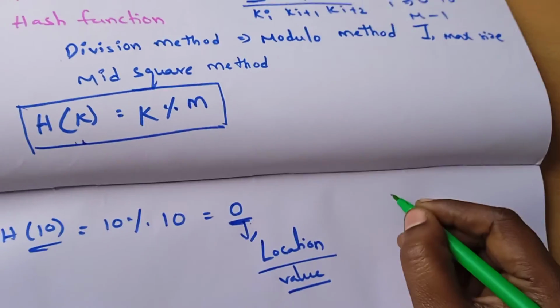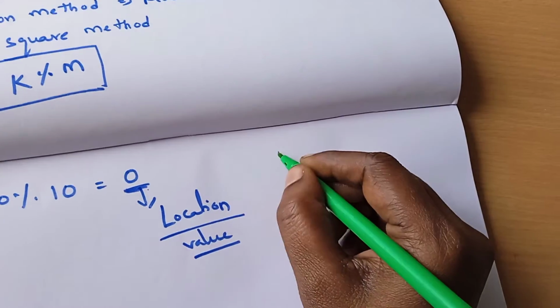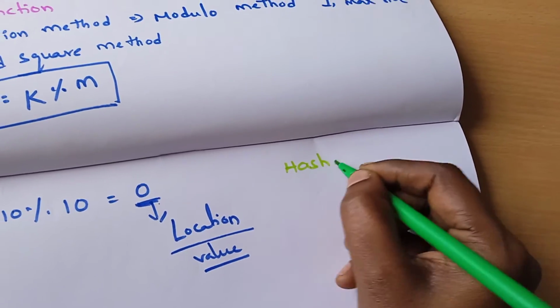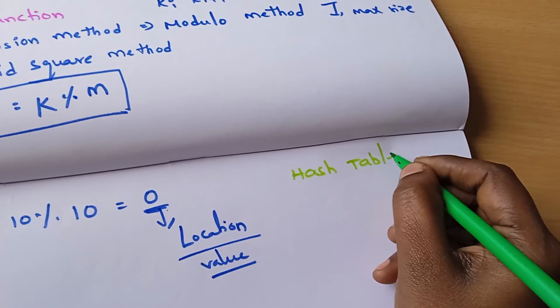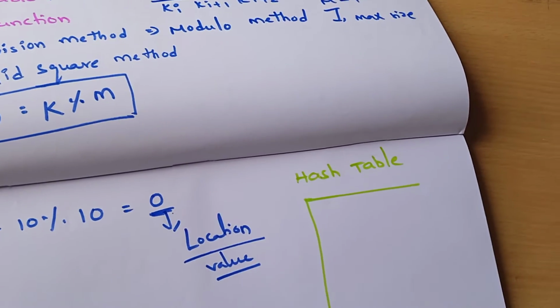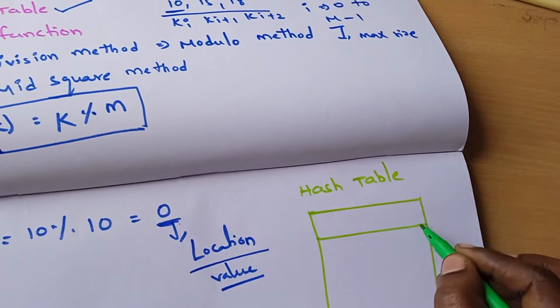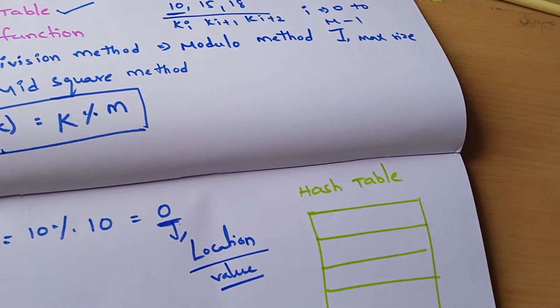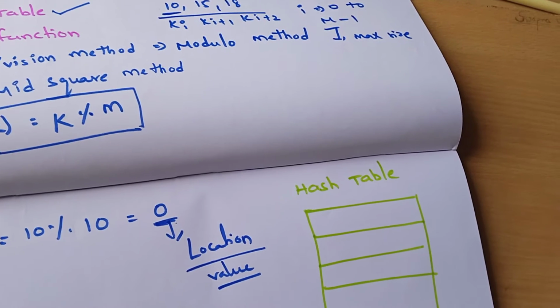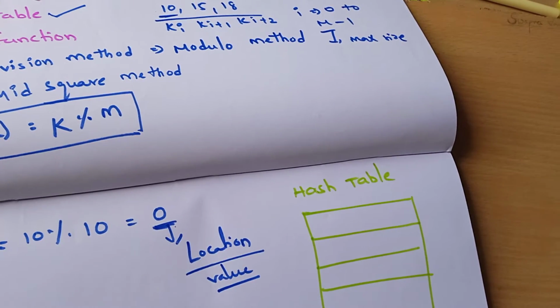Now let's see how we will do this. I'm considering the hash table. The hash table will consist of keys and values. This is my hash function.